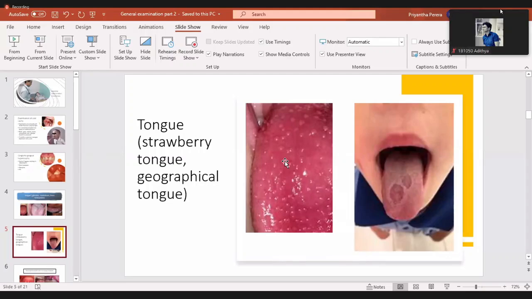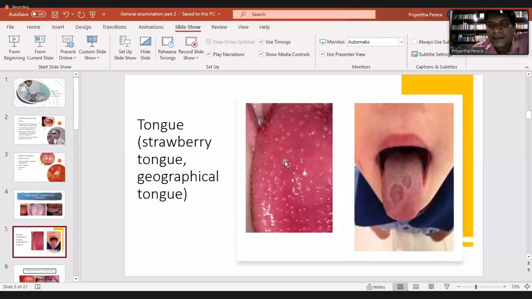scarlet fever, which is a bacterial infection caused by Streptococcus pyogenes. You will learn this in microbiology. Scarlet fever, and you see this tongue in a disease called Kawasaki disease. Kawasaki disease is a disease of medium-sized blood vessels, including the coronary arteries, and can lead to coronary artery aneurysm formation.